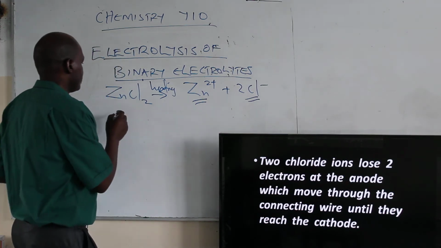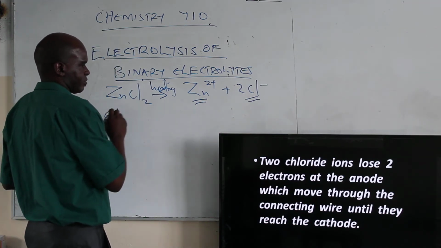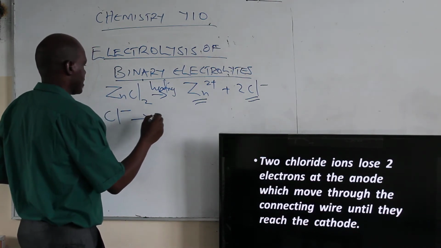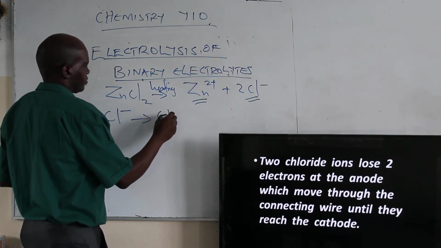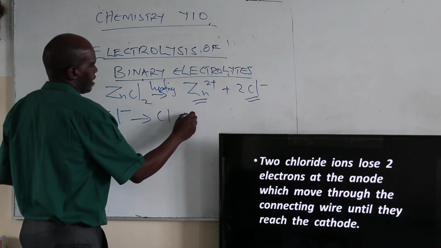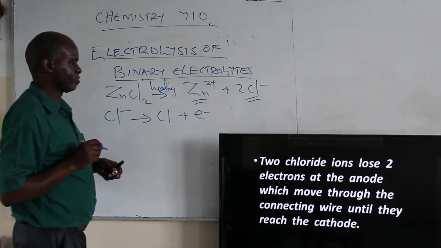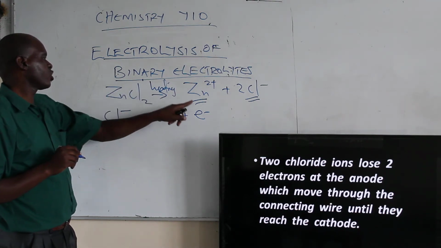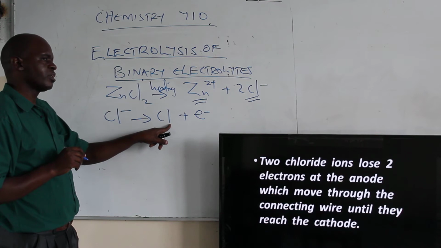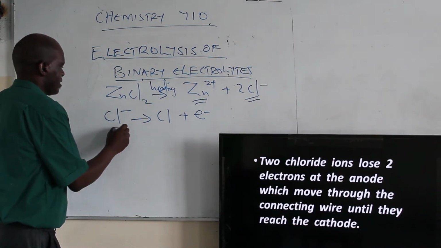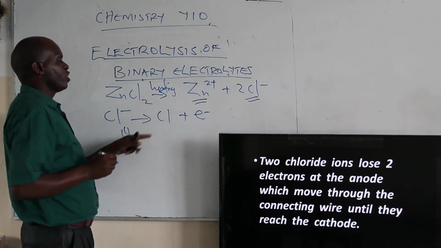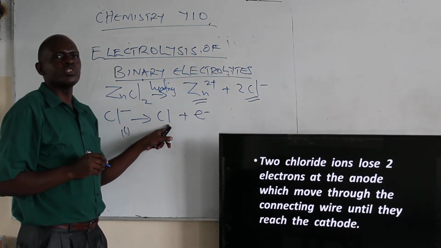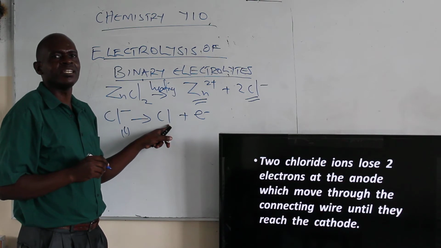Now, the chloride ions, one chloride ion will lose an electron to form a chlorine atom. But in this case, the chlorine atom has no physical state because the atoms of chlorine do not exist independently.